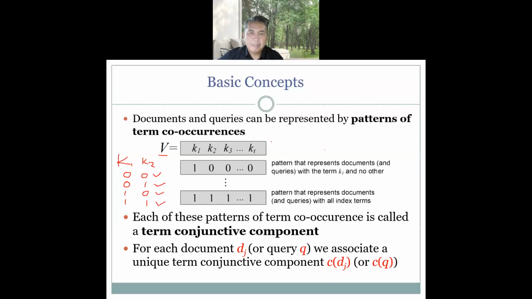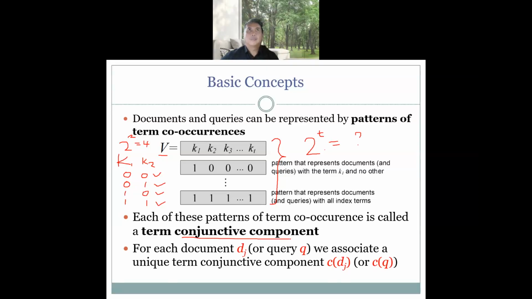Okay, so in this example we have T keywords, so we have this number of patterns. For this one we have 2, so we have 2 to the power of 2, so we have 4 patterns. Each of these patterns of term co-occurrence is called a term conjunctive component.